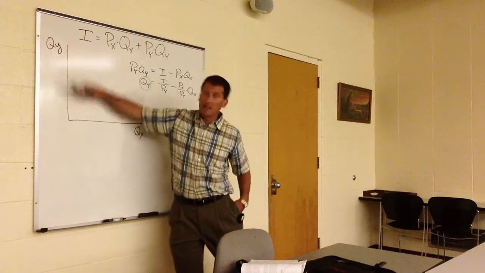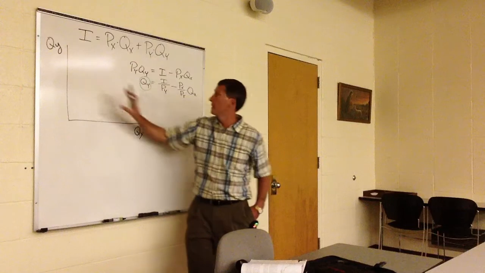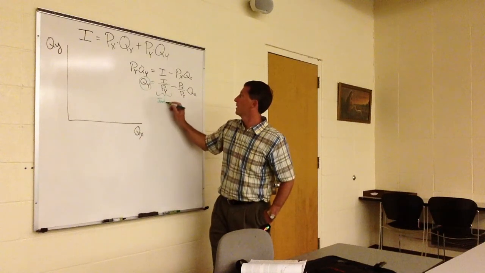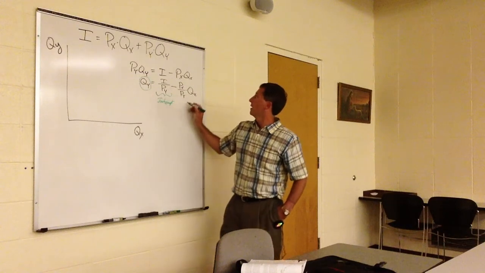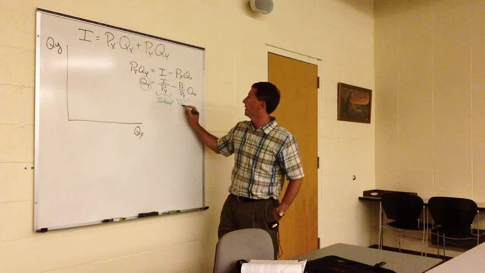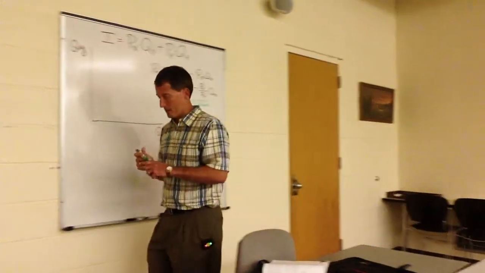So that'll be the quantity of yo-yos I can buy if I blow all my income on yo-yos. That's what the vertical intercept ends up being. So that's the intercept. And then this is the slope. And we'll pick up there on Wednesday.